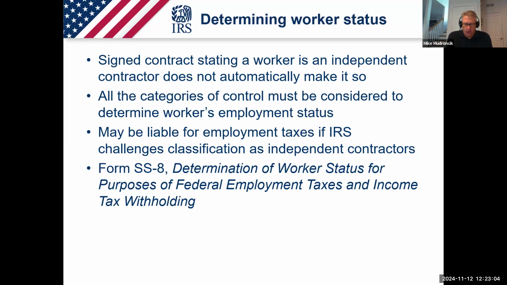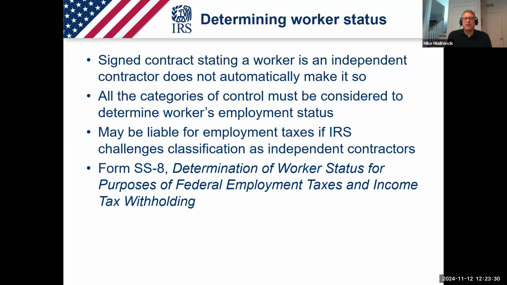If you misclassify workers as independent contractors and have no reasonable basis for doing so, you may be liable for employment taxes in the event that the IRS challenges the classification. If you're still uncertain about the worker's employment status, the IRS can help you.